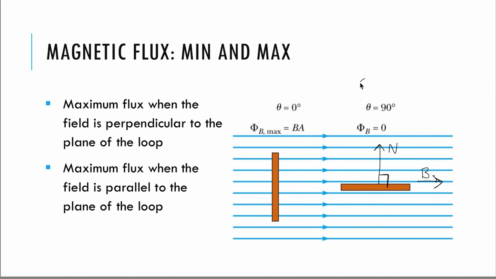So if you have your equation for magnetic flux, BA cosine theta, cosine of 90 degrees is 0, which means that the whole flux is 0. This should make sense because none of the magnetic field lines are passing through this loop. So no flux in this case, but maximum flux when the field lines go perpendicular to the loop.